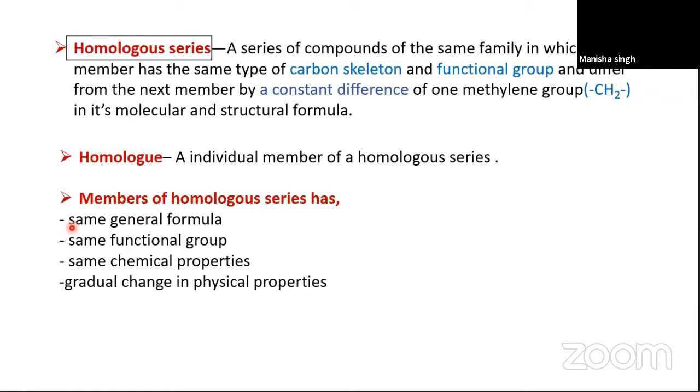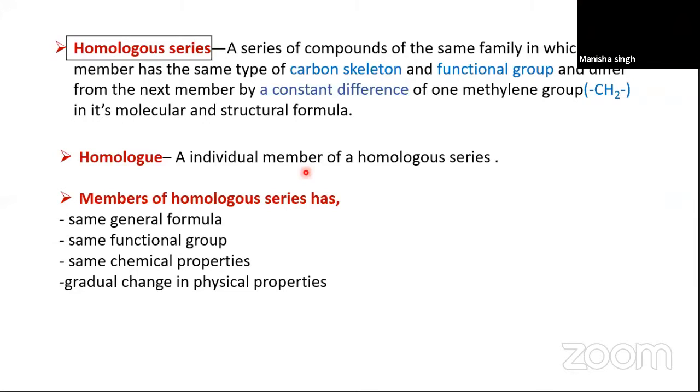So here also, in a homologous series, there is one functional group. The functional group is nothing but a surname of the family, and all the members in aldehyde are known as the homologs.